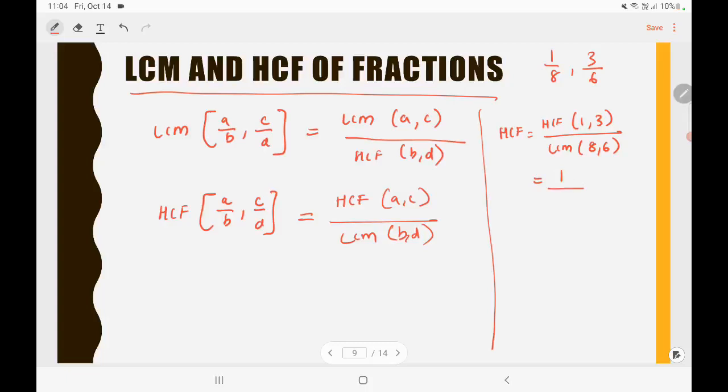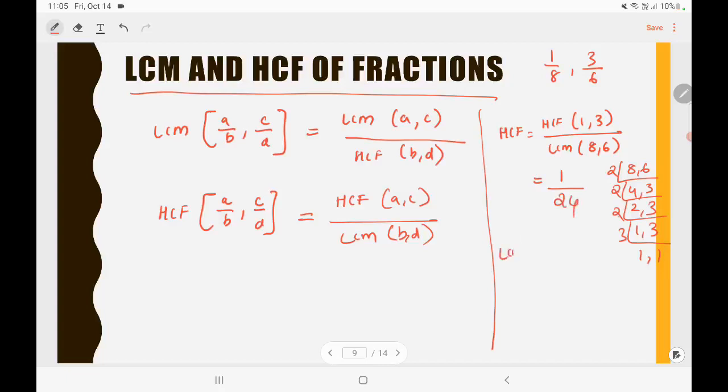And LCM of 8, 6, if you find out using prime factorization, you will get 2, then 4 and 3, then again 2, 2 and 3, then 2, 1, 3, then 3. So 2 into 2 is 4, 4 into 2 is 8, 8 into 3 is 24. So LCM is 24. So this will come 1 by 24.